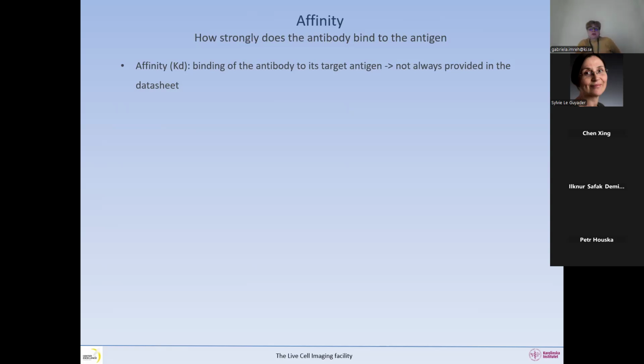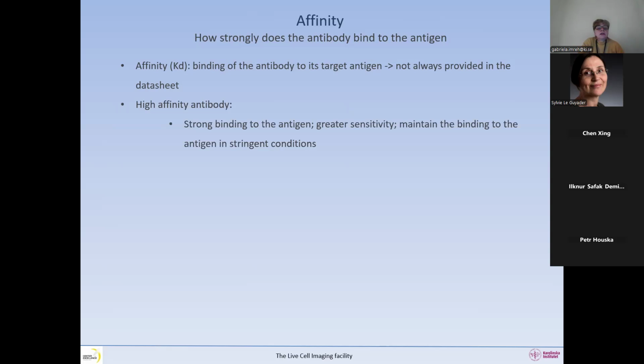This is actually not always provided in the data sheet, but basically you can have a high affinity antibody, which will quickly and strongly bind to the antigen. They show great sensitivity, and they will maintain the binding to the antigen even in more stringent conditions. A low affinity antibody will bind slowly to the antigen and have low sensitivity.